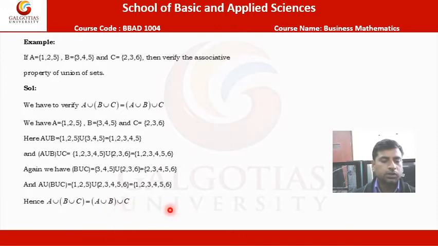So you can see that if we apply the associative property on the union of three sets, it will always be verified. Both values, A union B taken union with respect to C, and A union taken with respect to B union C, are equal.